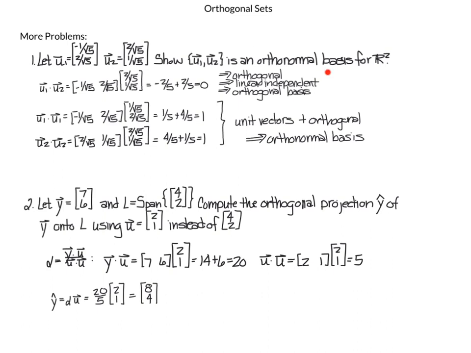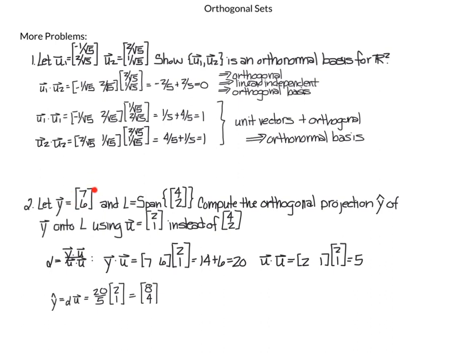They're linearly independent, so it forms an orthogonal basis. If we want to show it's orthonormal, we also need to show that they're of unit length. So u1 dot u1 is equal to 1, so when we take the square root, it has length 1. u2 dot u2 is equal to 1, so when we take the square root, it equals 1, and that's its length. Therefore, we have an orthonormal basis.